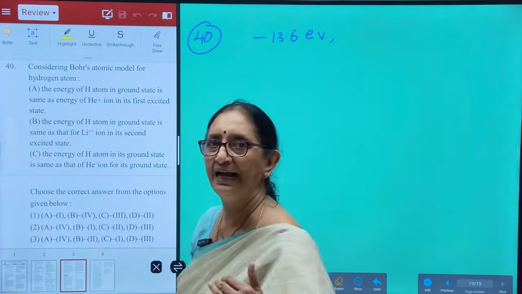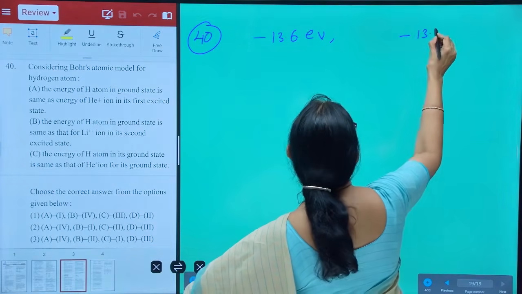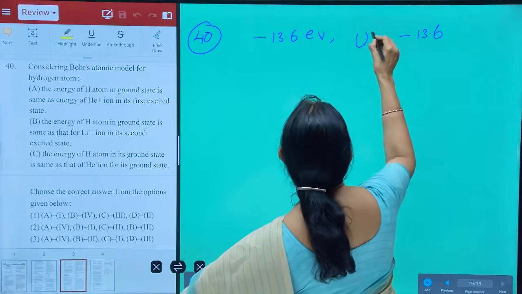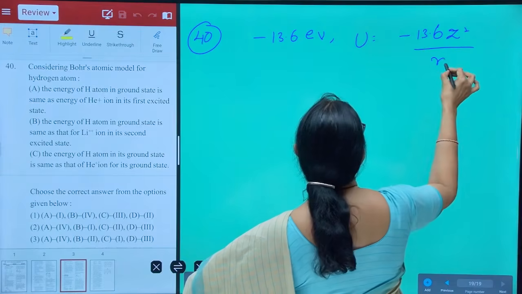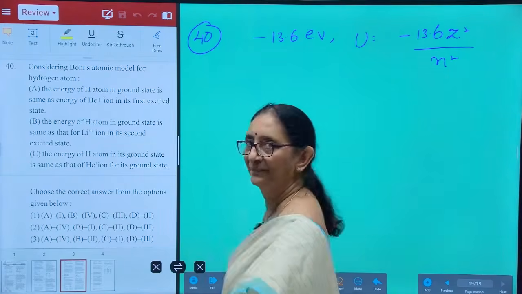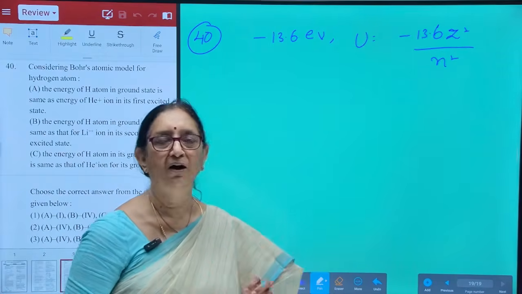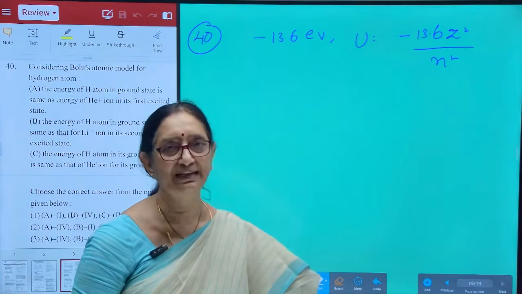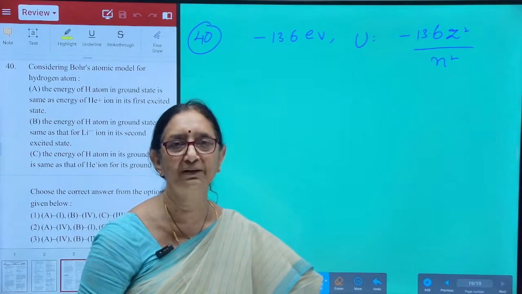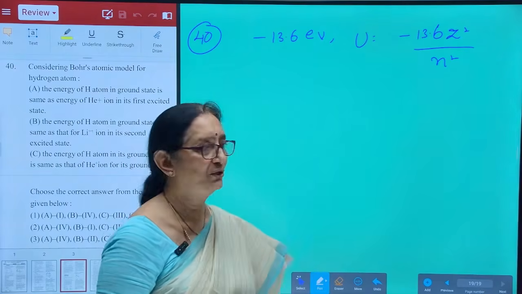In any hydrogen-like atom, energy is given by minus 13.6 Z square by N square. That is the energy of any hydrogen-like atom with atomic number Z, and N is the number of the orbit in which the electron is revolving around the nucleus.